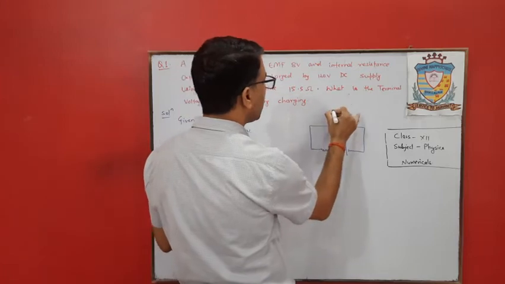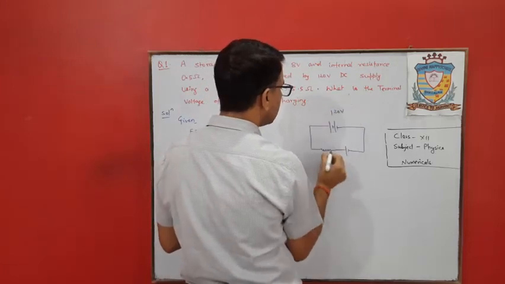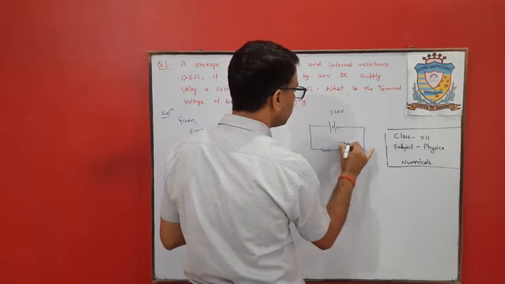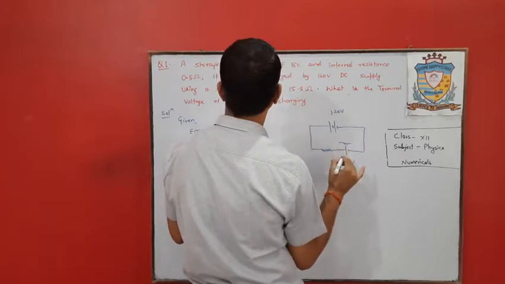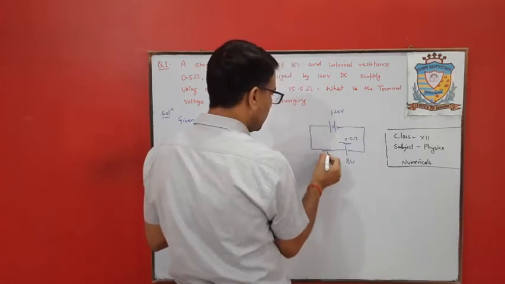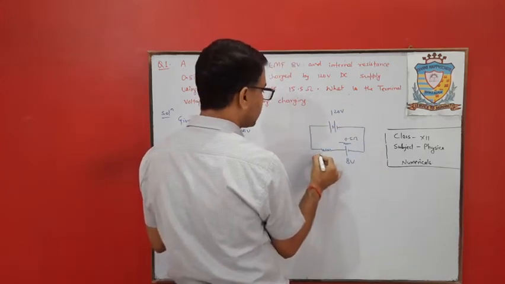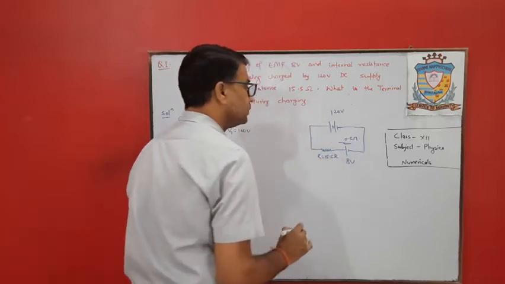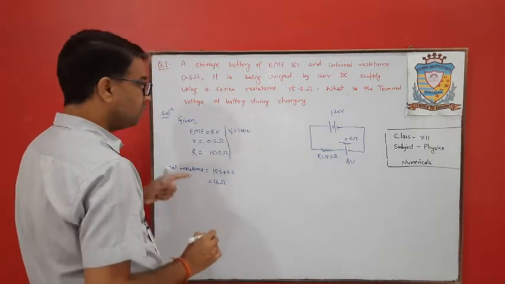The bigger battery has the value 120 volt and the smaller one has the value of 8 volt. It has an internal resistance of 0.5 ohm, and the value of the external resistance is 15.5 ohm.